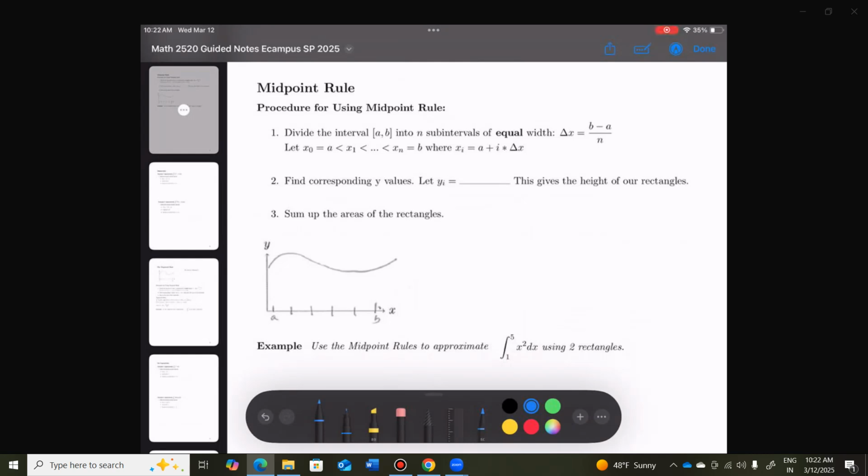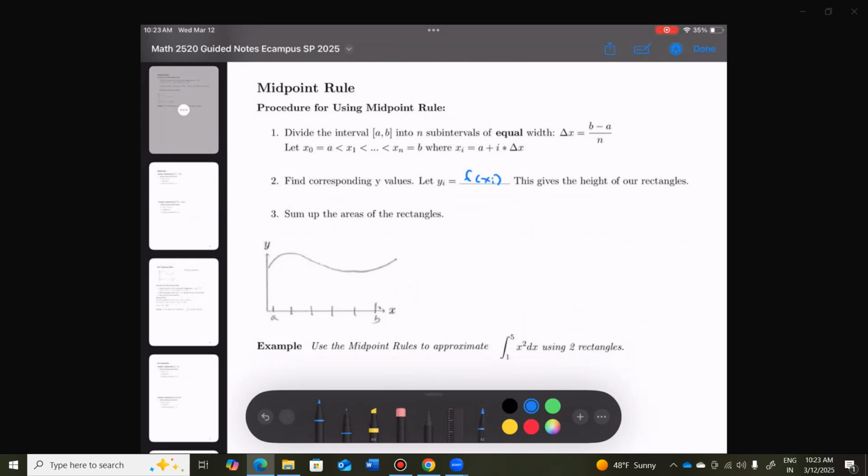And so once we have our x sub i's, we can find our corresponding y values, and we're going to let y sub i equal f of x sub i, and this is going to give us a height of our rectangle. And then we're going to sum up these areas.